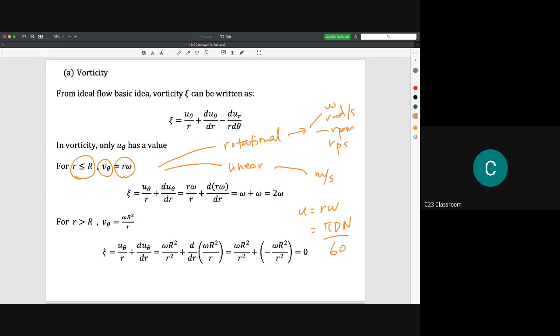U is meter per second, R is meter, and omega is radian per second. In pi D N, D is the diameter and N is RPM. This RPM we need to divide by 60 to make sure our unit is in seconds. That's the common relationship that you should know.